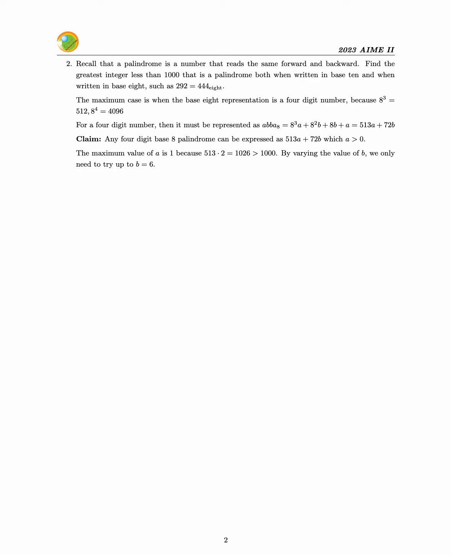Now 513 plus 72 times 4 is 513 plus 288, which is equal to 801. Still not a palindrome. Then 513 plus 72 times 5, 513 plus 360, which is equal to 873, and that's still not a palindrome.